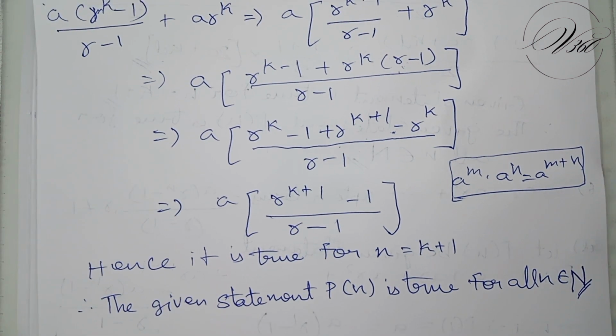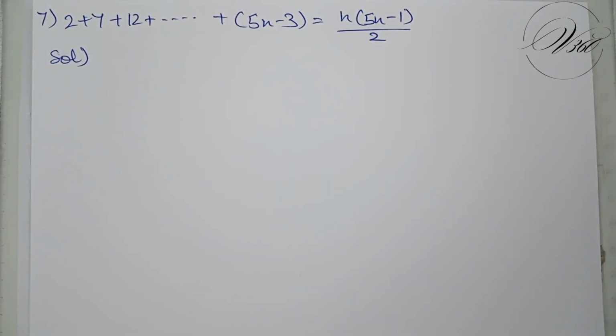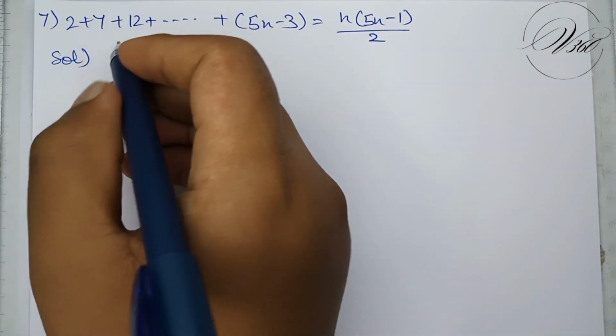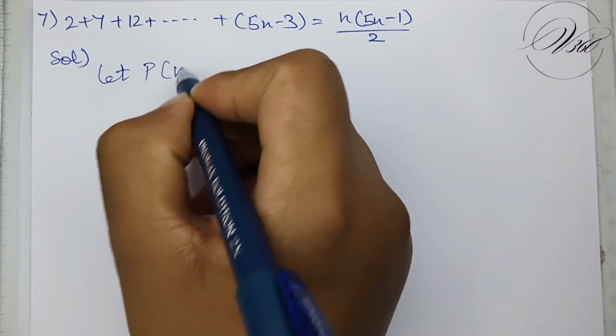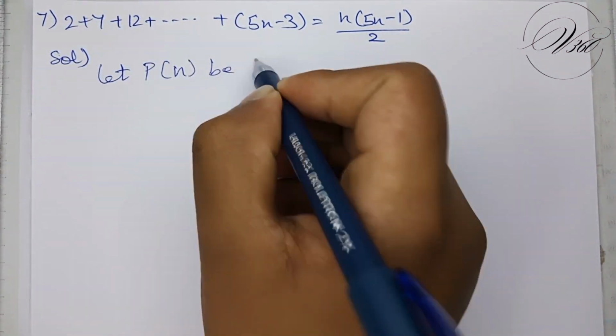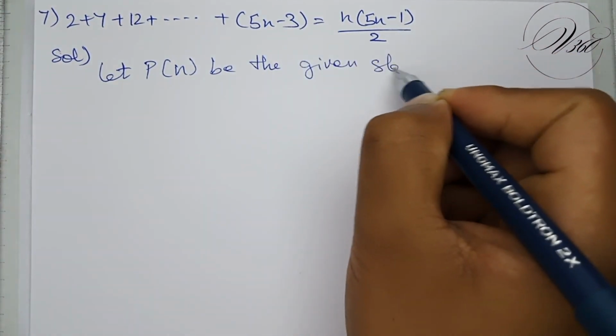Now we'll head towards the seventh problem. Here we are with the seventh problem, that is 2 plus 7 plus 12 plus up to 5n minus 3 is equal to n of 5n minus 1 by 2. Okay, now let's solve this problem. Let P of n be the given statement.